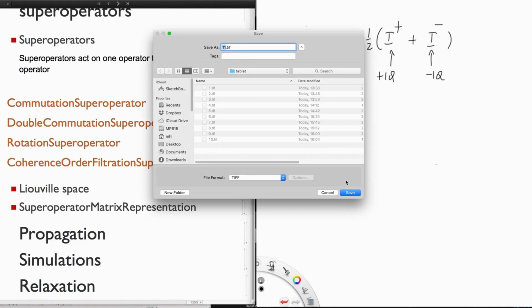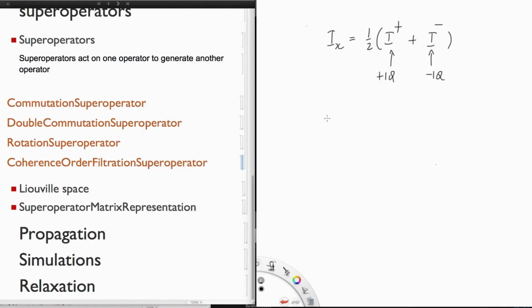So those are superoperators. Now, if you remember, I represented operators as matrices. So, for example, I discussed the Zeeman basis of, for example, 2 spins a half.